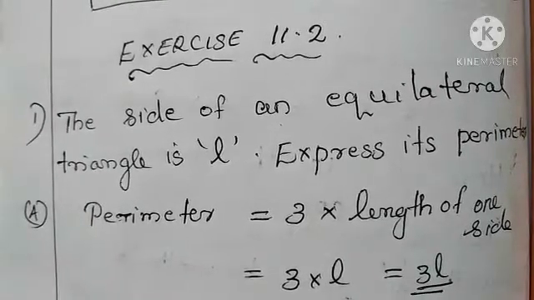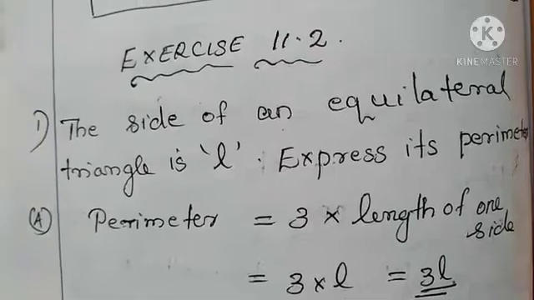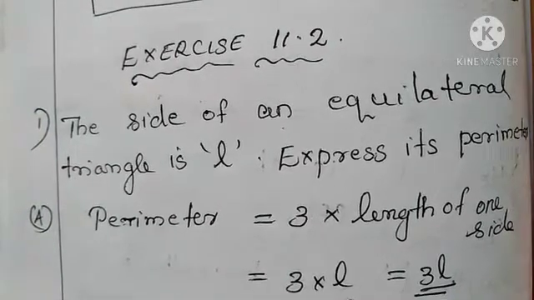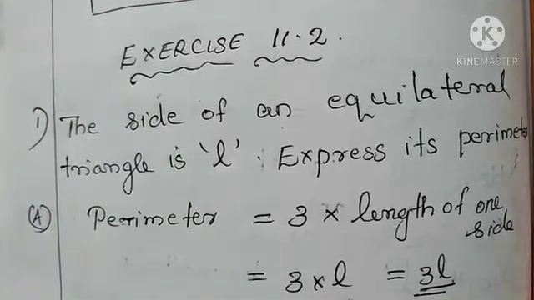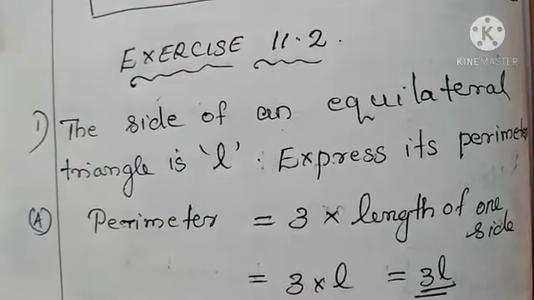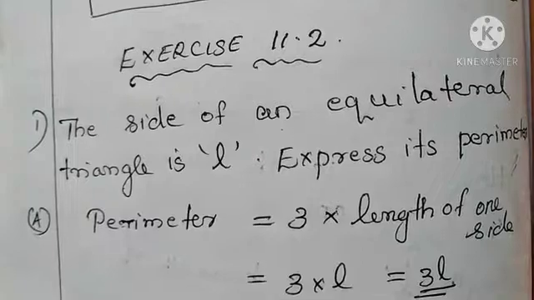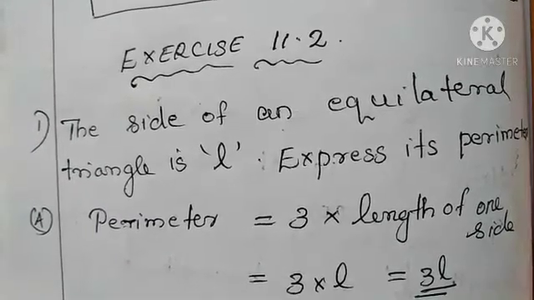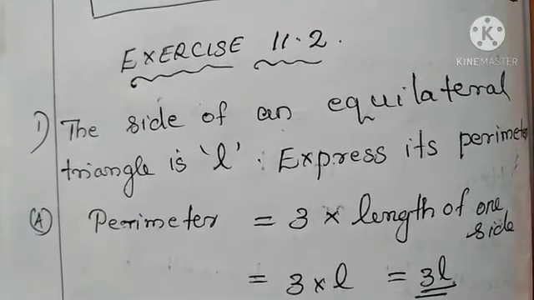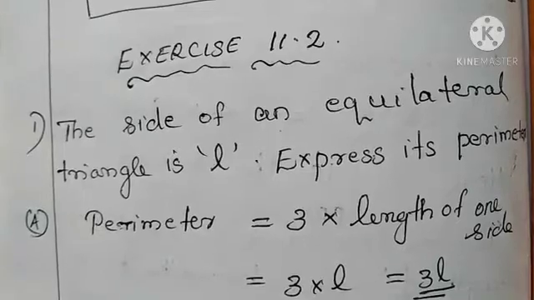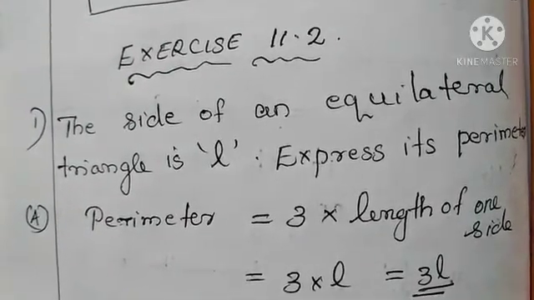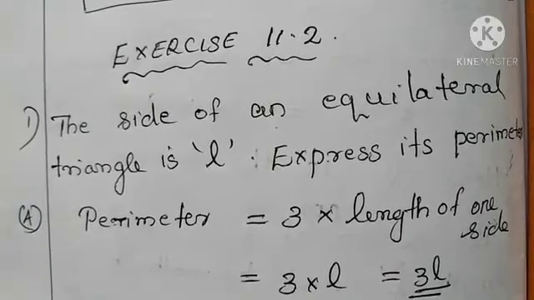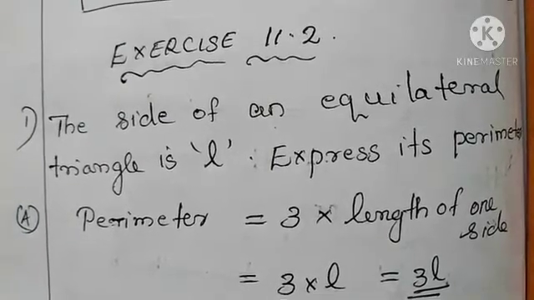The side of an equilateral triangle is L. Express its perimeter. In an equilateral triangle, all sides will be equal. If one side is L, the length of all three sides will be L. Then perimeter is L plus L plus L, that means 3 into the length of one side.